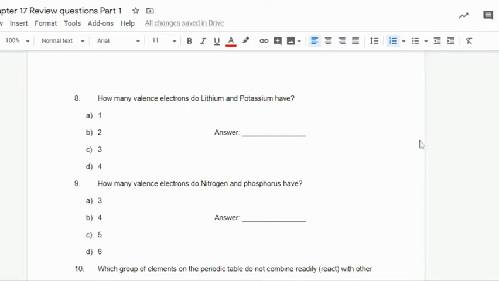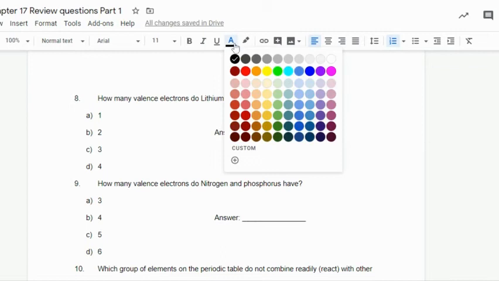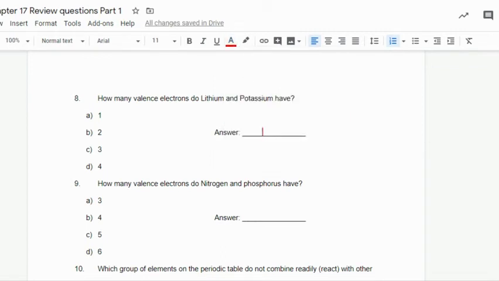And everything in that first column, everything in group 1 has 1 valence electron. So the answer is A, 1 valence electron. Now, lithium has 3 electrons, right? And potassium has 19 electrons. But lithium and potassium only have 1 valence electron in their outer energy level. That's what the group tells you.